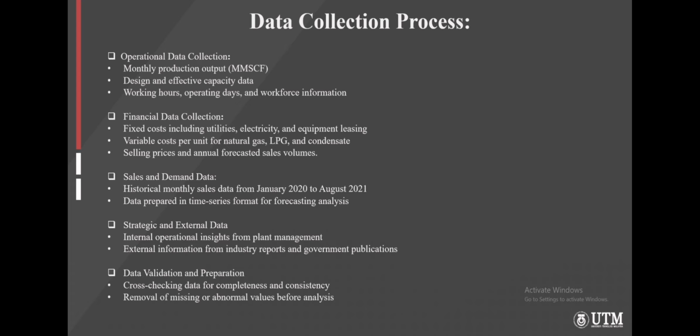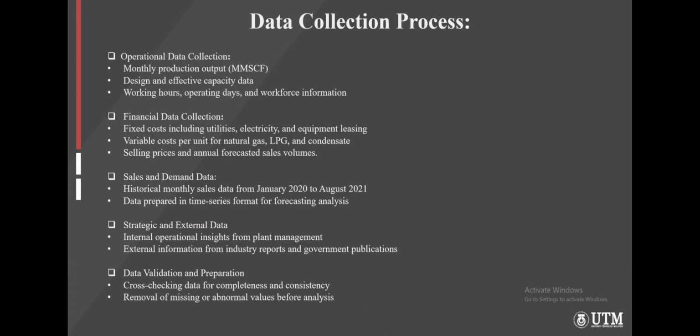For financial data collection, fixed cost including utilities, electricity, and equipment leasing, variable cost per unit for natural gas and condensate, selling price, and annual forecasted sales volume. For sales and demand data, historical monthly sales data from January 2021 to August 2021, data prepared in time series format for forecasting analysis.